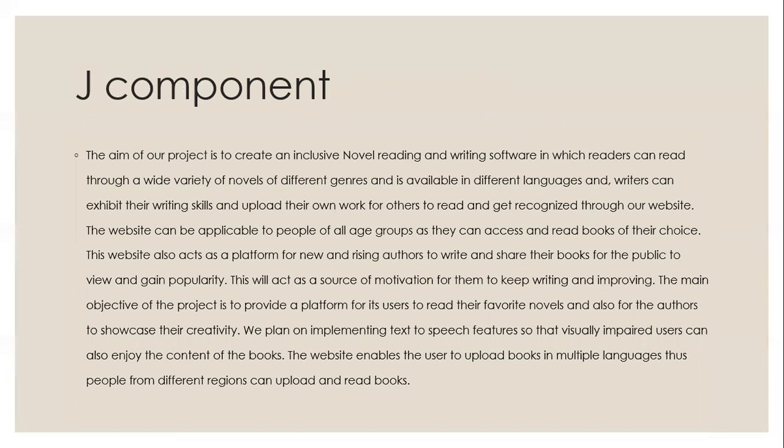The website can be applicable to people of all age groups as they can access and read books of their choice. This website also acts as a platform for new and rising authors to write and share their books for the public to view and gain popularity. This will act as a source of motivation for them to keep writing and improving.